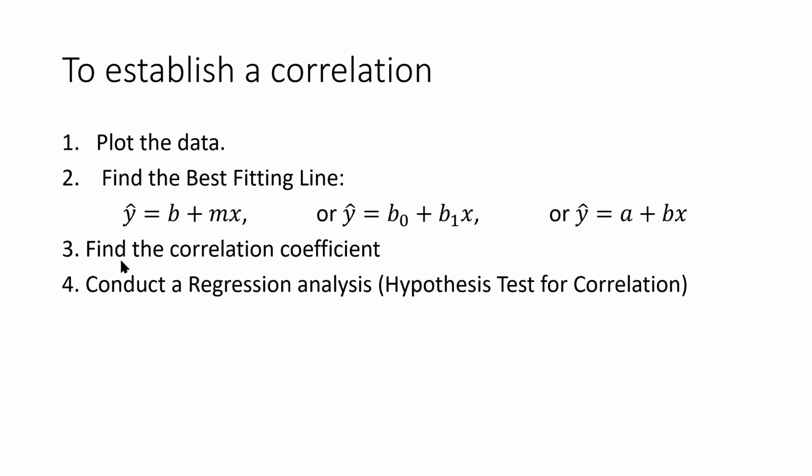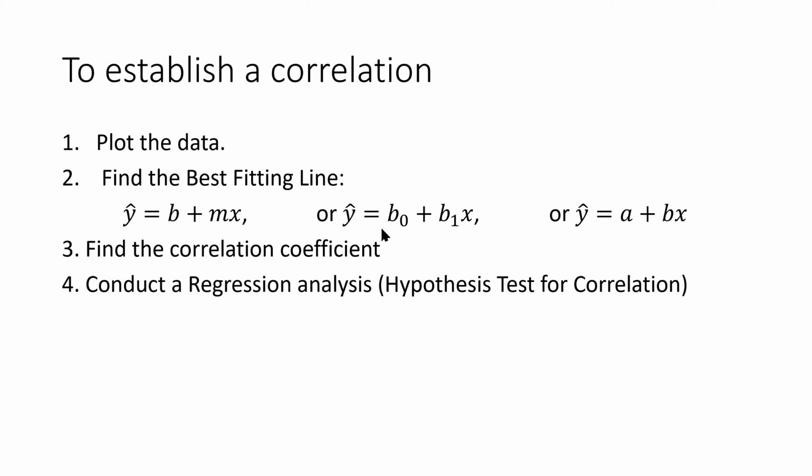So next, we're going to find the correlation coefficient, which we're going to be discussing in more depth later. And then we're going to conduct a regression analysis, basically to figure out if this line is a good fit for our data. Can we use this line to predict some values?